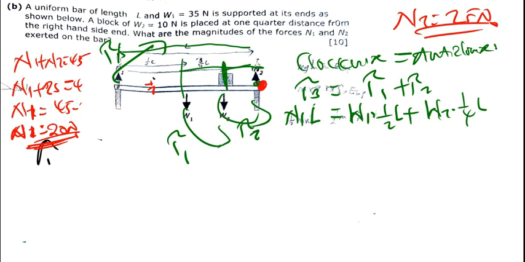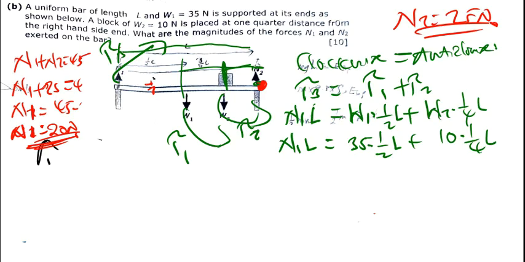So let's plug in the values. N1, we don't know, times L. W1 is 35, so 35 times 1 over 2, plus W2 is 10, 10 times 1 over 4L.